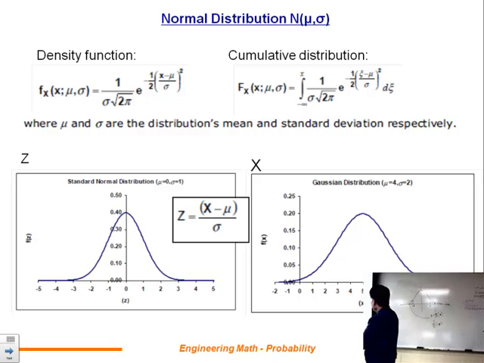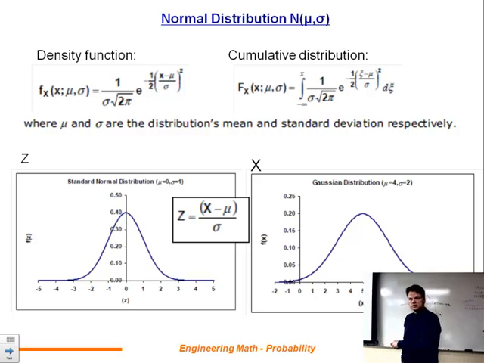Then, if you want to find the cumulative distribution at some point x for any Gaussian distribution anywhere, you convert to the equivalent z value and look that up in the table. Your z value is x minus the mean, divided by the standard deviation.